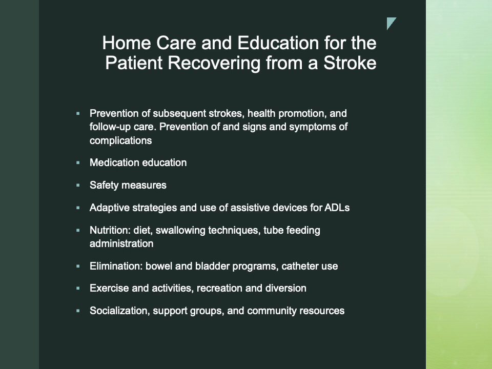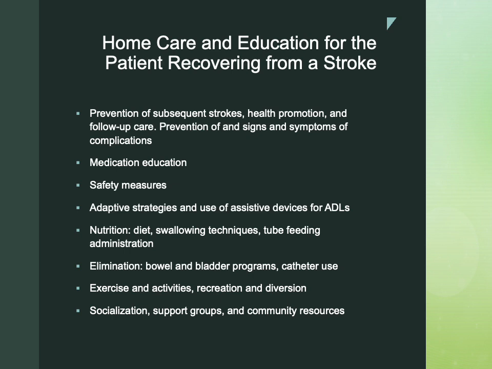Medication education as appropriate. Again, safety, looking at, do they have grab bars in their home for the shower? Do they have rugs that are now a tripping hazard? Is there lighting? So those ADLs and adaptive strategies, again, is there any changes to their diet, nutrition, swallowing?